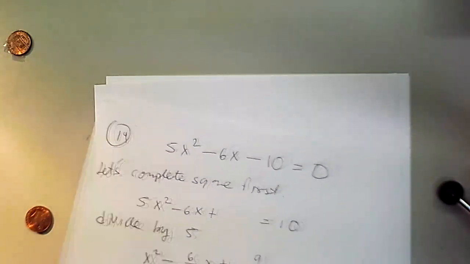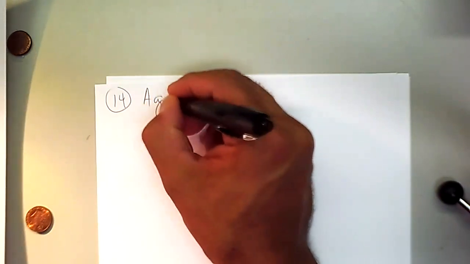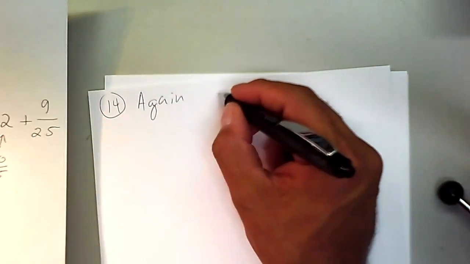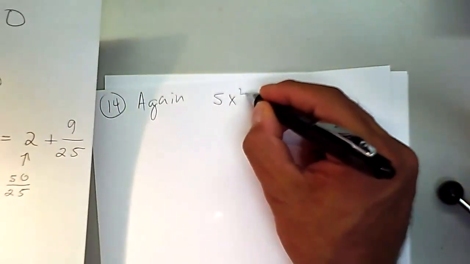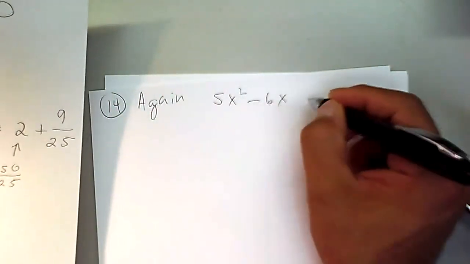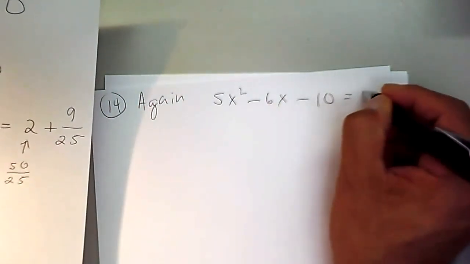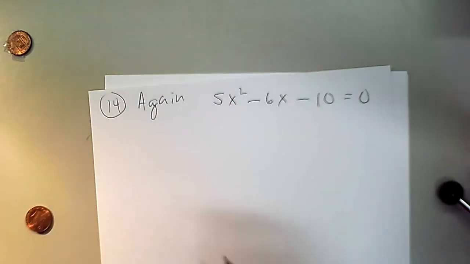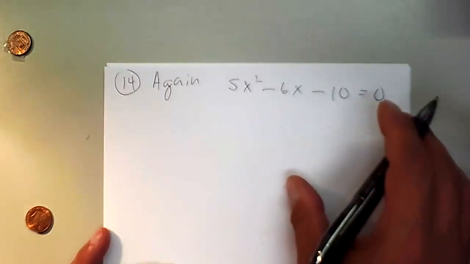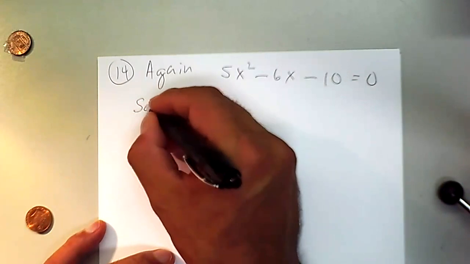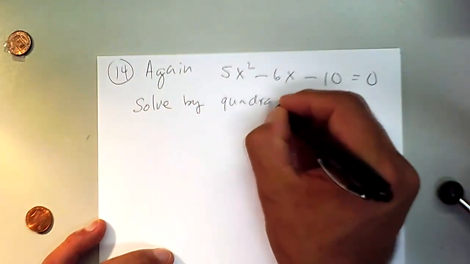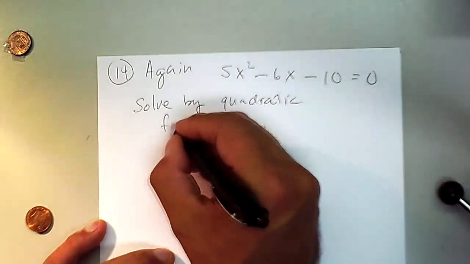Let's do number 14 again, this time using the quadratic formula. So I'm going to copy this down: 5x squared minus 6x minus 10 equal to 0. This time we're going to solve by quadratic formula.